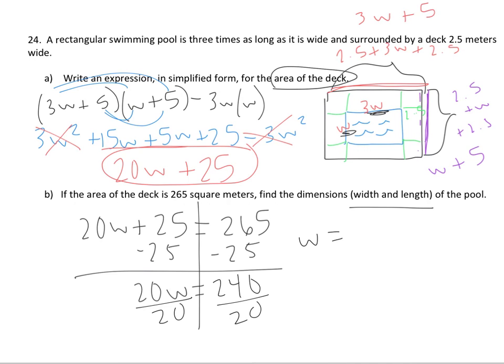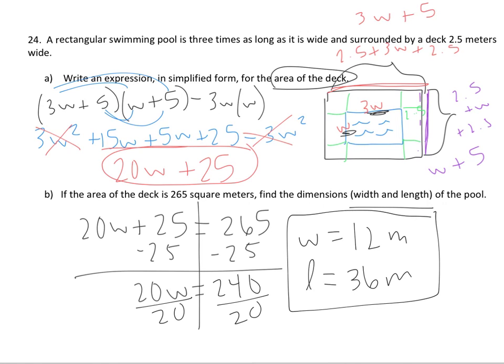And then to find the other dimension, I need to take 3 times W, which is 3 times 12, and get 36. So 12 meters by 36 meters are the dimensions of the width and length of the pool.